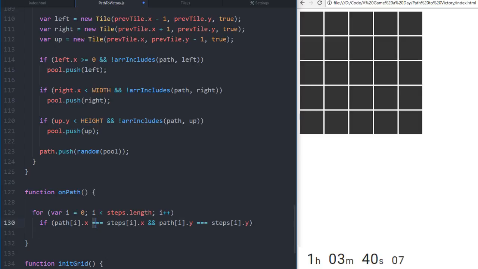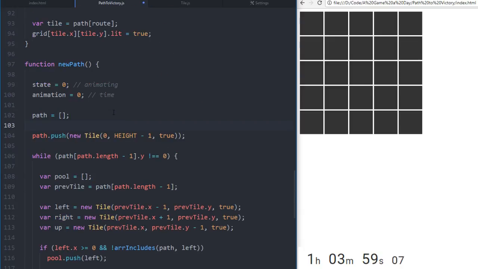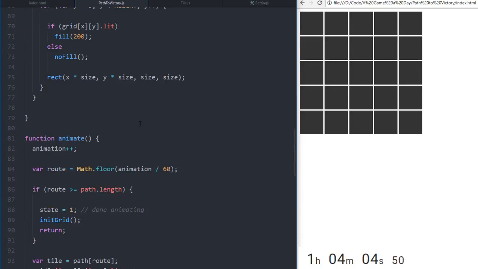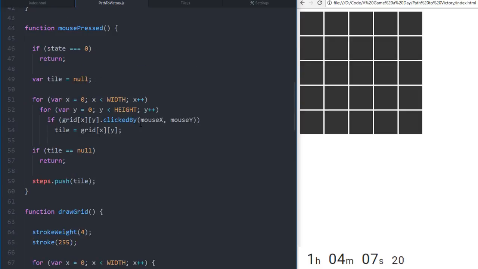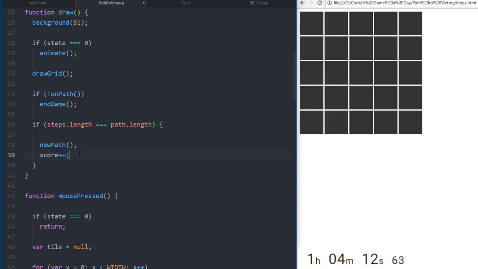So what we need to say is or, because we're checking if any of them are wrong, we return false. Return true. There we go. We say steps, we have path. What we need to say is steps equals a new array. We need to draw the score.